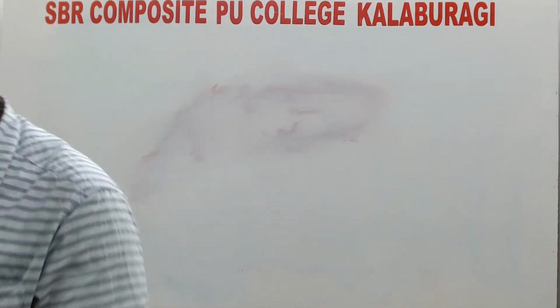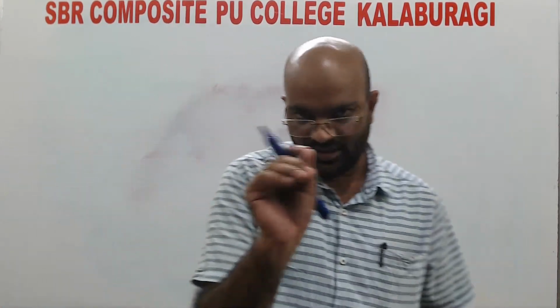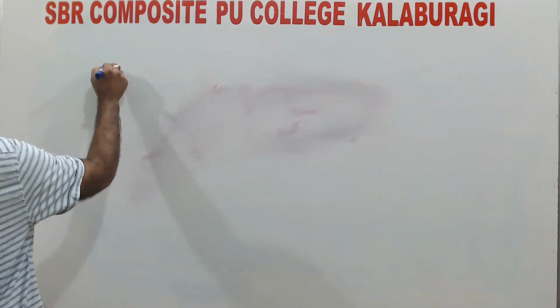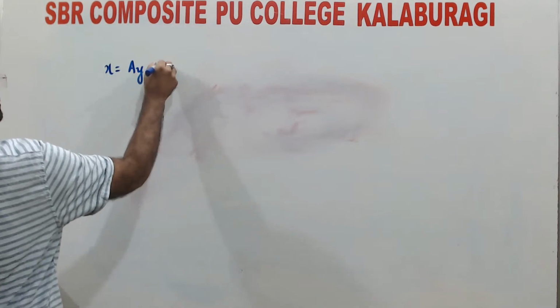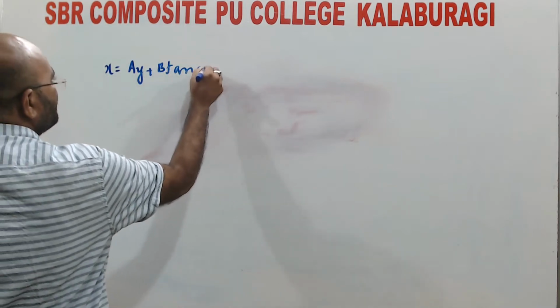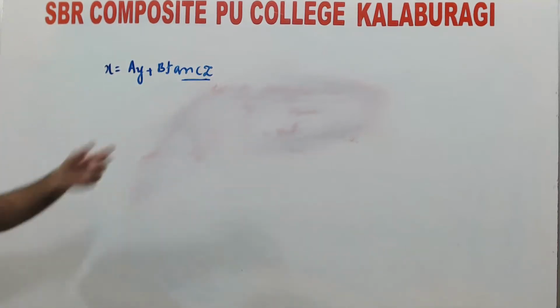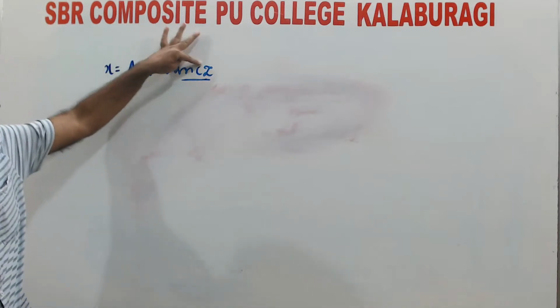There is a question we got once again on the fifth question, a little bit of a query there. In this question, look carefully at what is given: X equals AY plus B tan CZ. Here, tan CZ is a trigonometric function, and we know that dimensions cannot be applied to trigonometric functions.